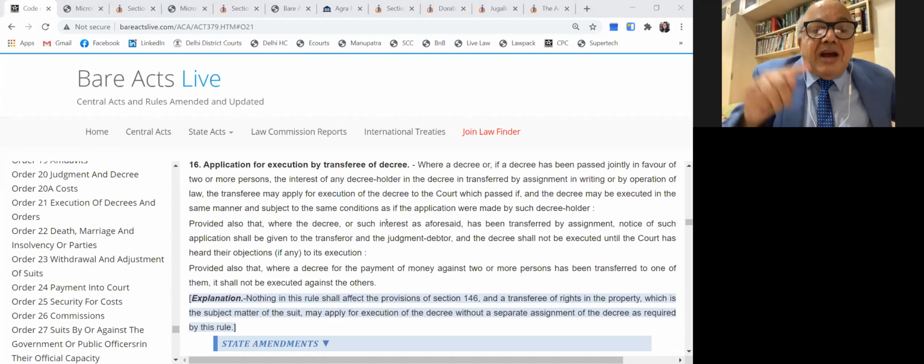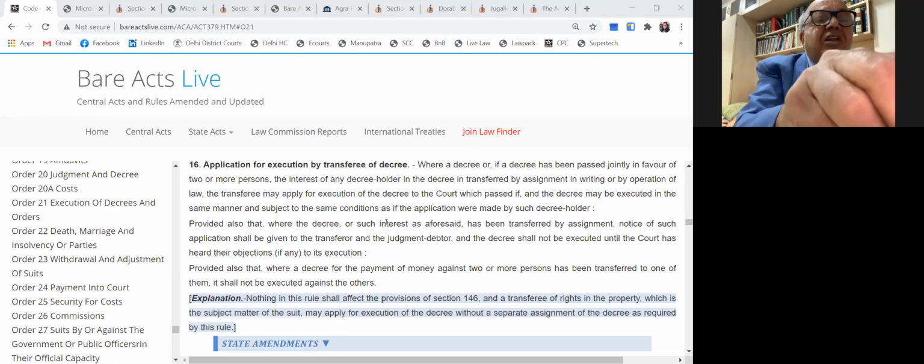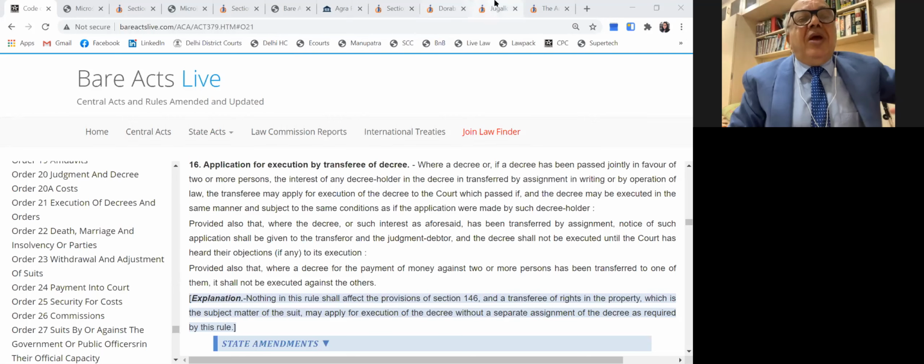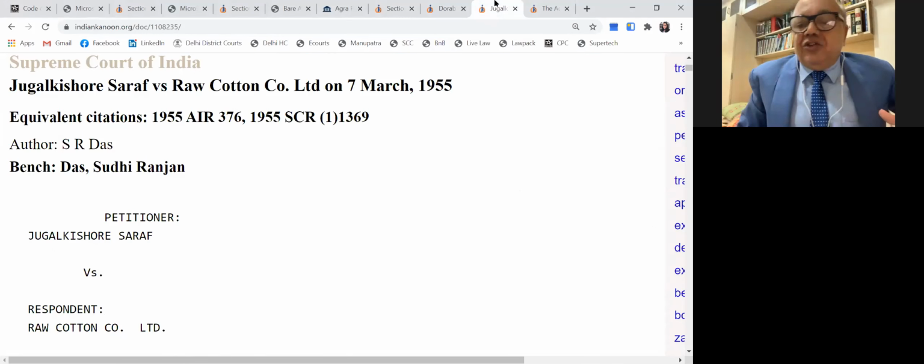It is only after the passing of a decree that assignment can take place. But when assignment of a decree has not taken place, when only assignment of the suit has taken place along with the other property, can such a person make an application? That was the subject matter of discussion in this leading case, Jagal Kishore's case, which I will discuss tomorrow in my next lecture. Anybody has any questions so far, please ask me.